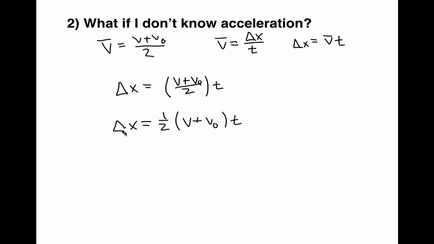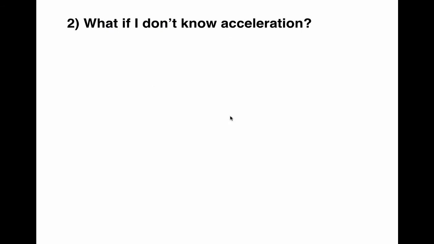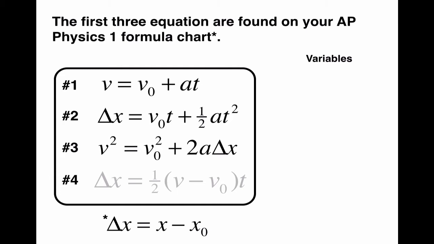Alright, and this again is another very useful equation. This is solving for displacement. I could solve for velocity, I could solve for initial velocity and time without ever having to know acceleration. So let's take a look at the four that we've developed. The first three equations are actually found on our AP Physics 1 formula chart, which is very nice.